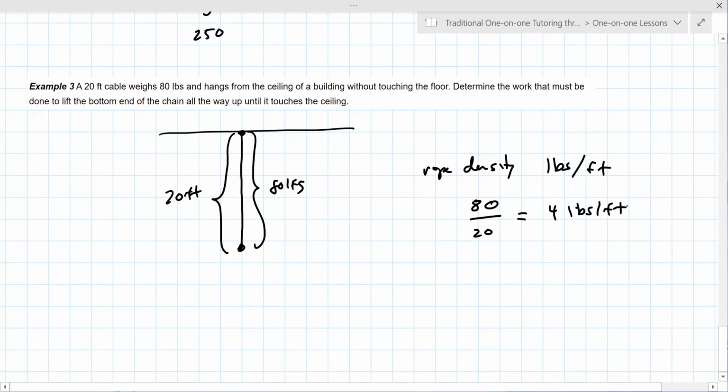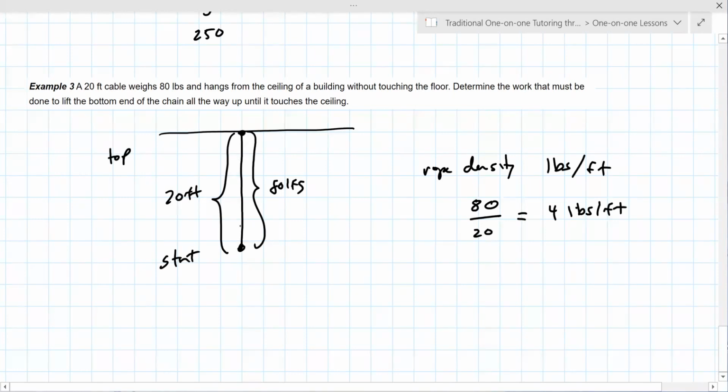Okay, and at the top, let's see, what does it ask for? To lift the bottom end of the chain. Okay, so they want the work. You're starting here at the bottom. It's kind of odd, like somehow this chain, or rope, is going to go up.